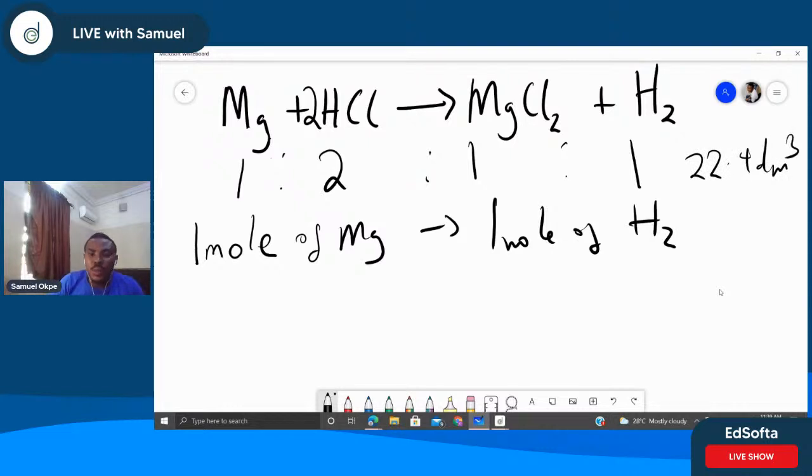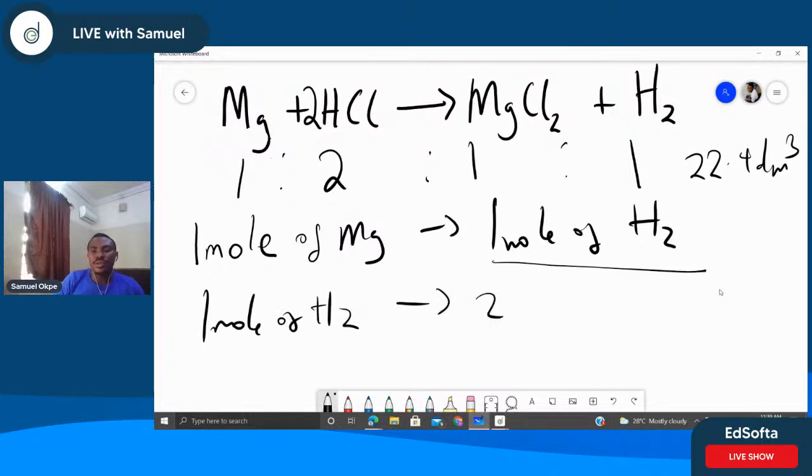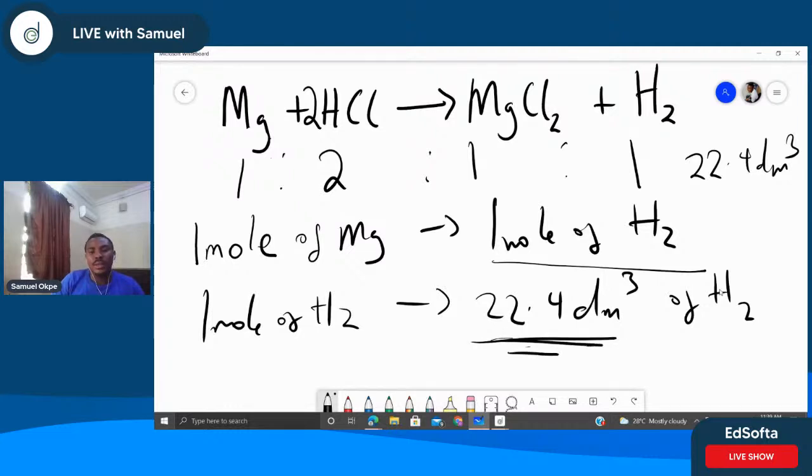So 1 mole of H2 is the same thing as 22.4 dm cube of H2. Based on this calculation, our answer is 22.4 dm cube. Perfect, and that's all.